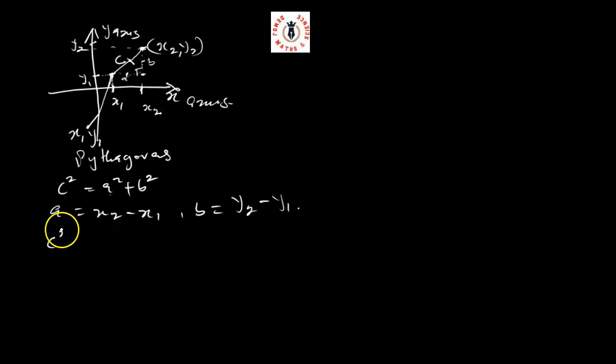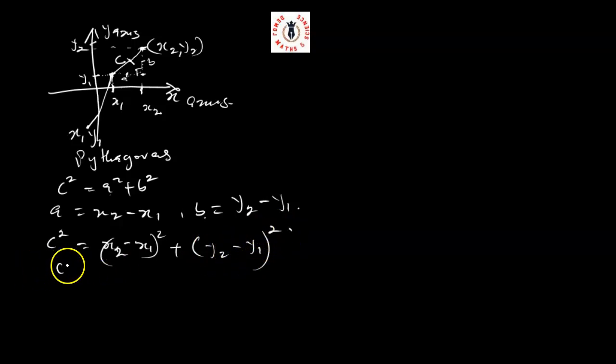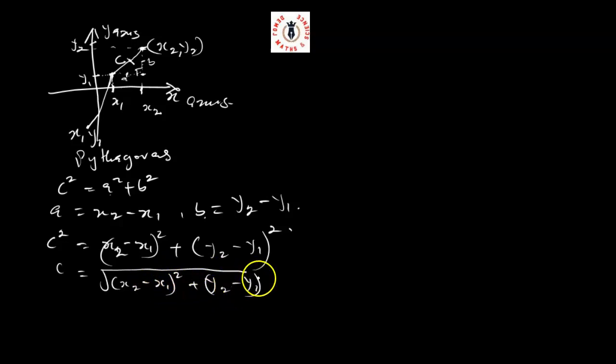Then I can conclude that C squared, which is the length of this line and the distance between these 2 points, is the same thing as x2 minus x1 all squared plus y2 minus y1 all squared. To find C, we take the square root of both sides. C now becomes the square root of x2 minus x1 all squared plus y2 minus y1 all squared.